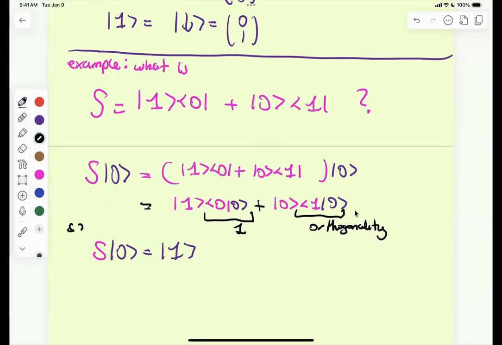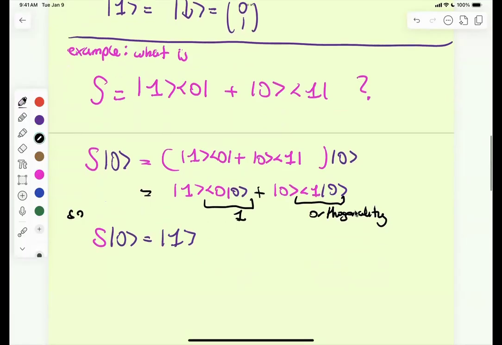You can check that if you do the same for the vector 1, it sends it to 0. So what it's doing is swapping the qubit 0 with the qubit 1. It's like a swap gate, or a NOT, in terms of Boolean algebra, the opposite of the proposition.